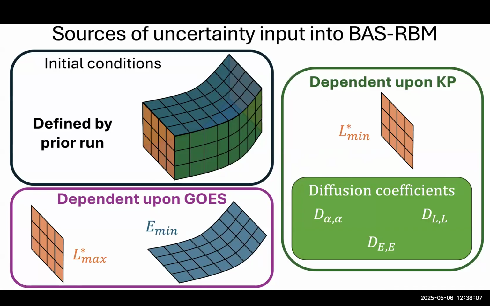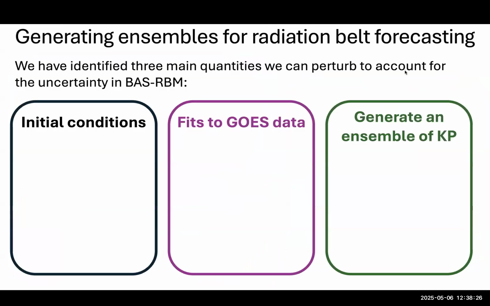So by perturbing the initial conditions, Kp and GeoDAWGs, we can simulate some of the uncertainty that's present within our simulations of BAS RBM. So yeah, this is what we're proposing.